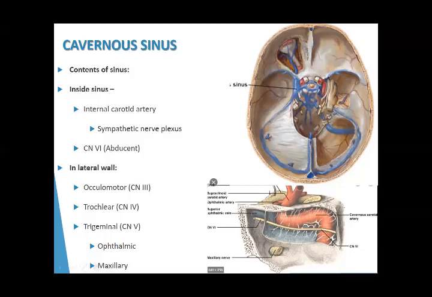Lying within the substance of the sinus is internal carotid artery, and this is the sixth cranial nerve, which is the abducent nerve.